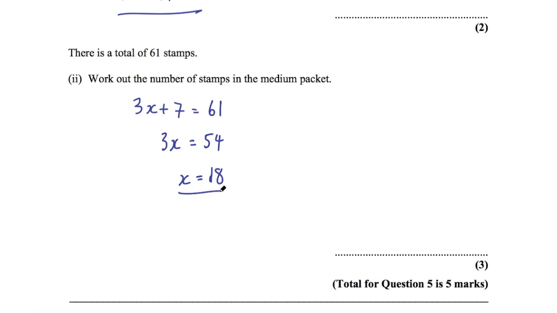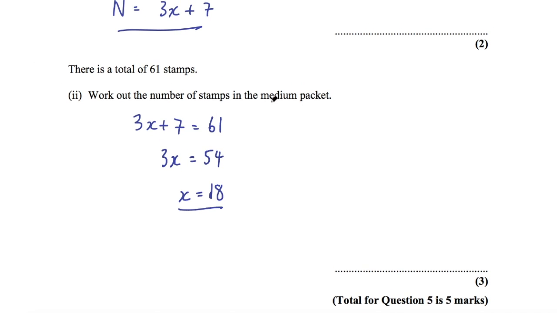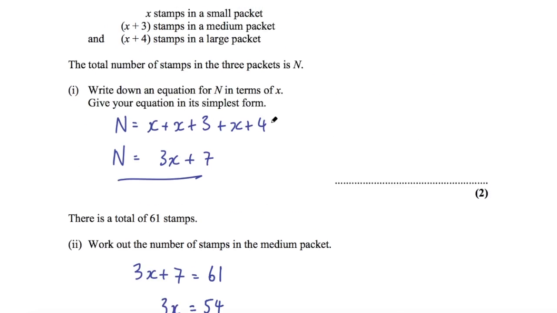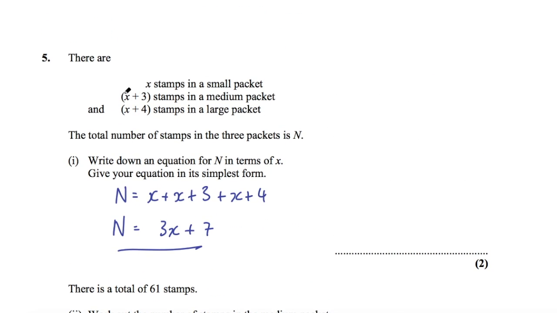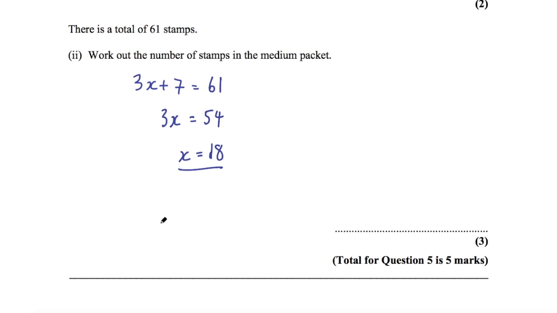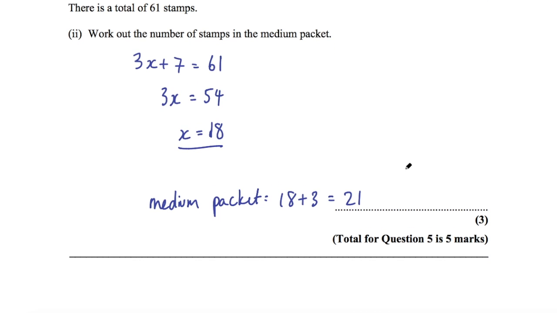So x is 18. But then we still haven't answered the question because they asked us how many stamps are in the medium packet. So if we look back at the start of the question, there are x plus 3 stamps in the medium packet. So the medium packet will be 18 plus 3, which is 21 stamps.